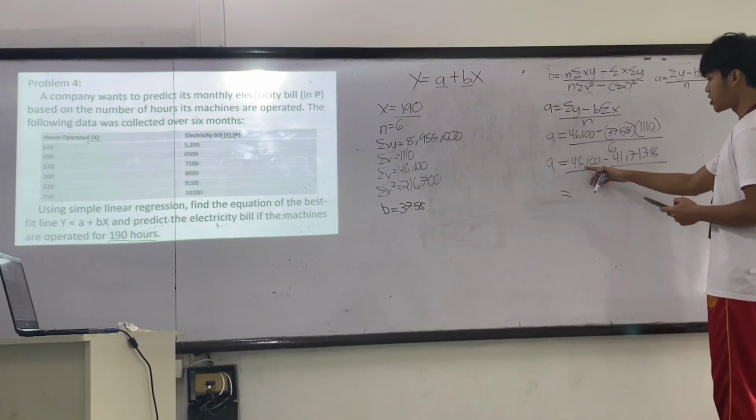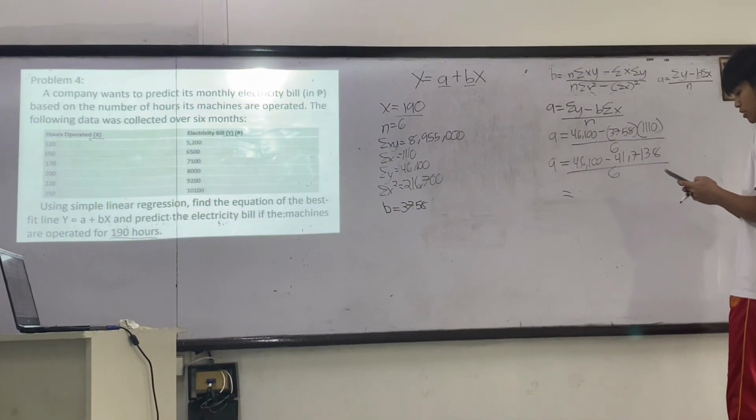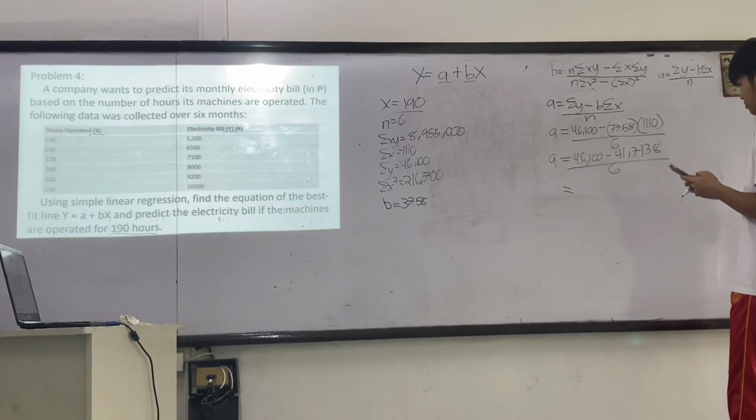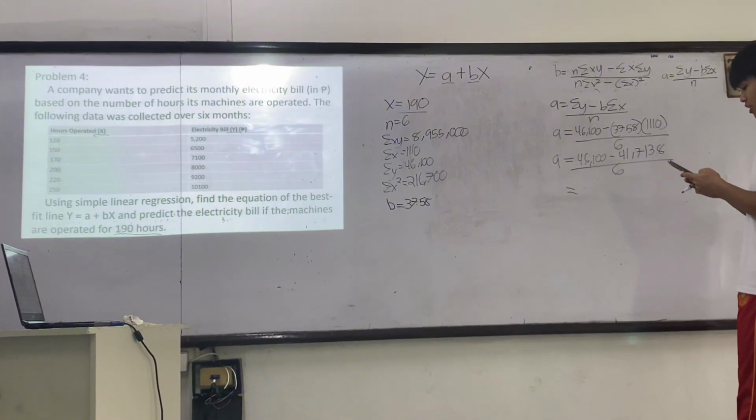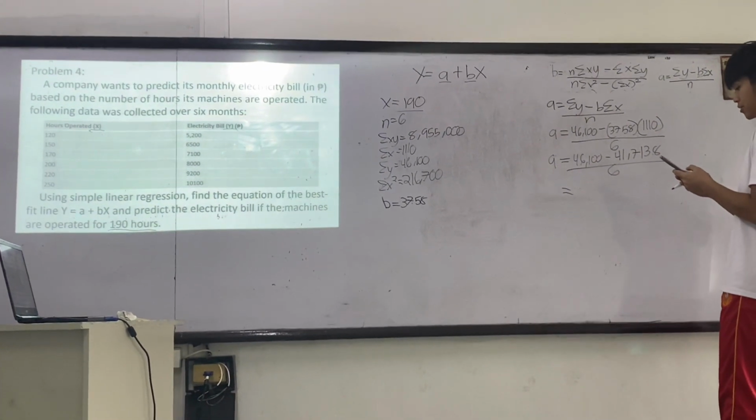Simplify the numerator, so 46,100 minus 41,713.8.